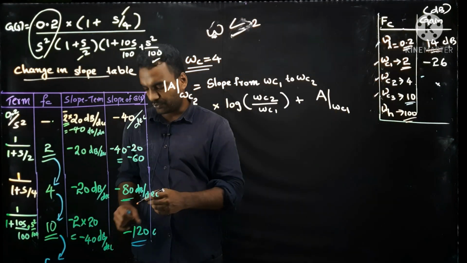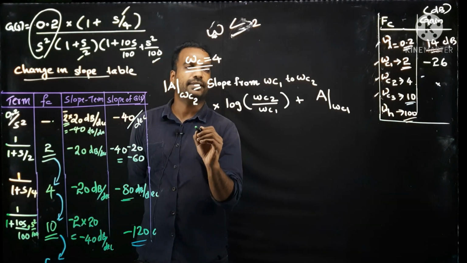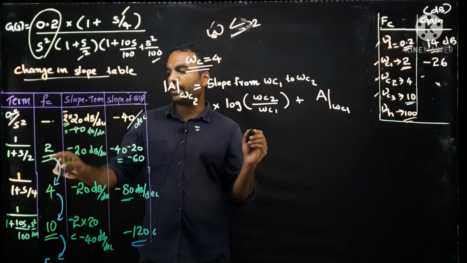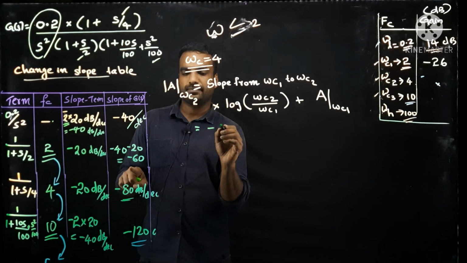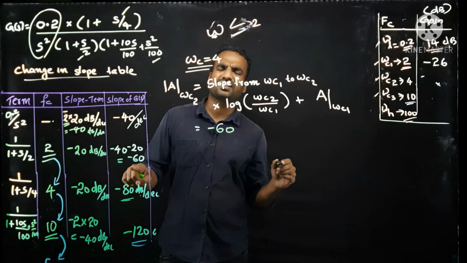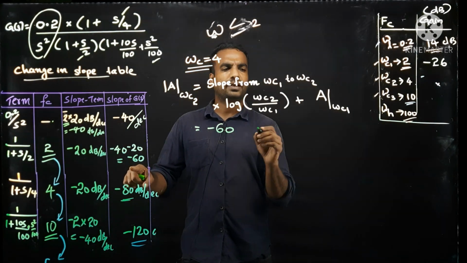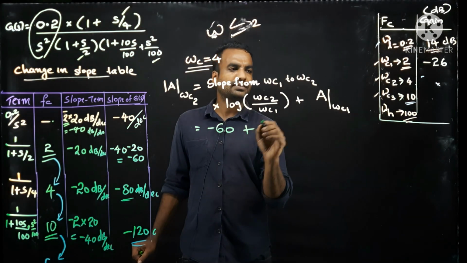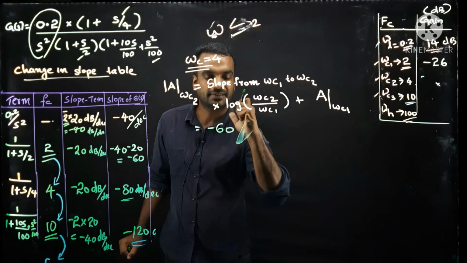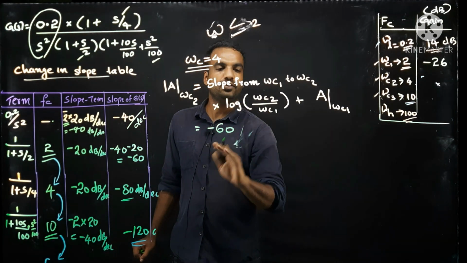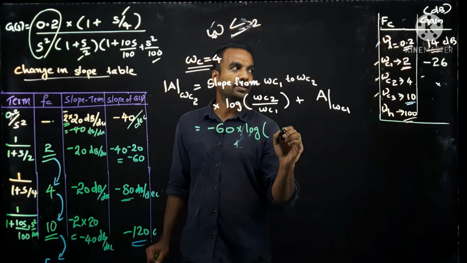So let me substitute here. That is slope from omega C1 to 4, that is minus 60, or it is also known as change in slope from omega C1 to omega C2. So minus 60 into log of omega C2 by omega C1.